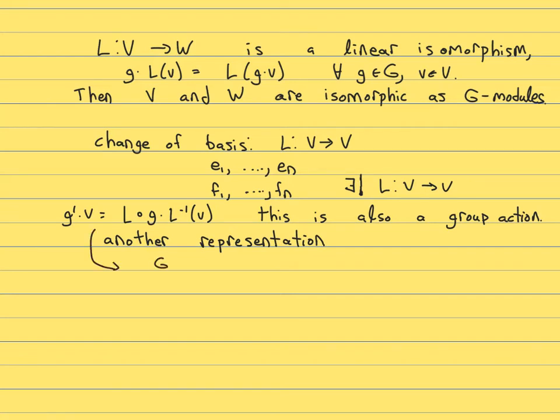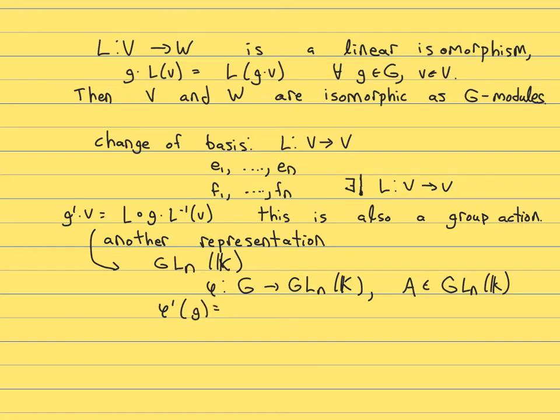At the level of GLn, what am I talking about? I'm saying that if you have a representation and an invertible matrix, you can always create a new representation by conjugating by that matrix.